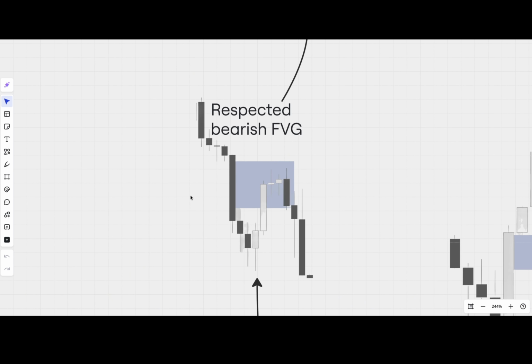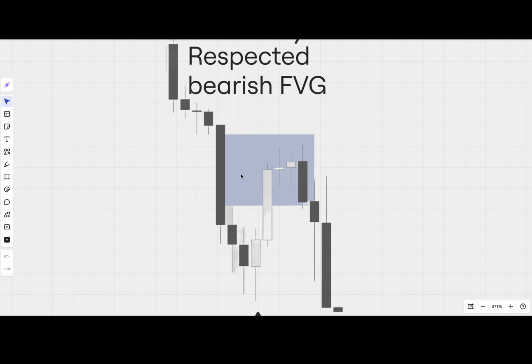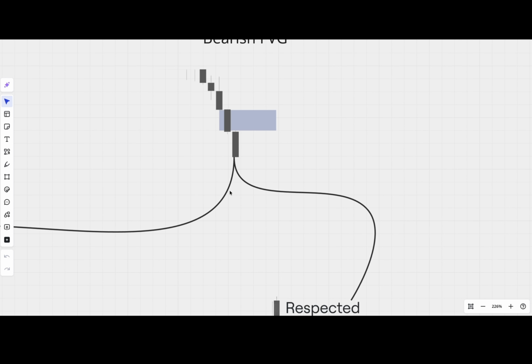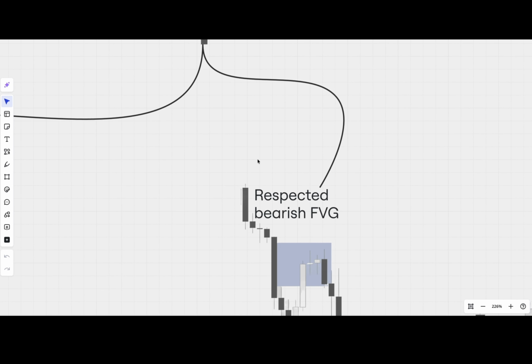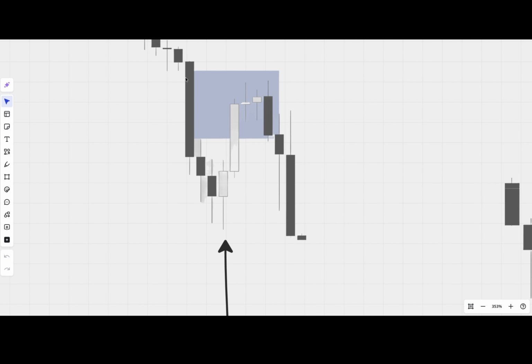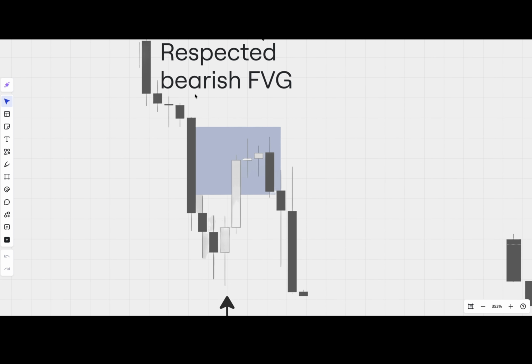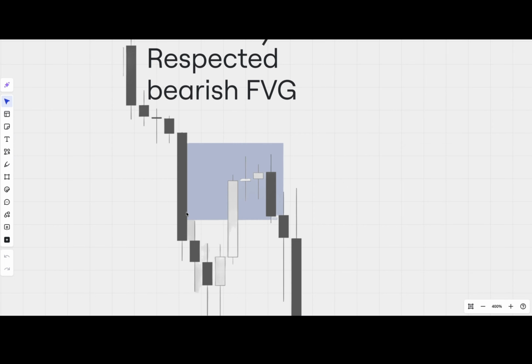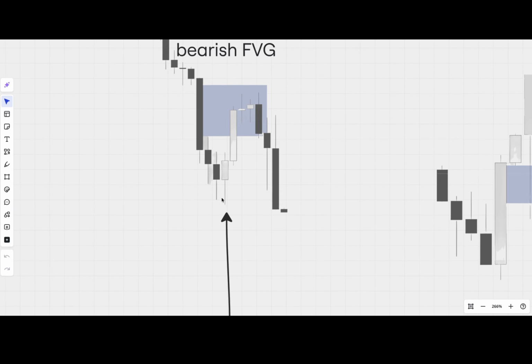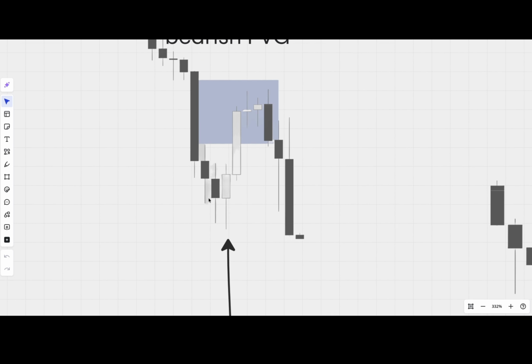A respected bearish fair value gap, this is an example of it. You can see this looks very similar to this, but then price comes back into the fair value gap. Notice the wick, you mark it out. Then price possibly hits a level and we want to retrace.